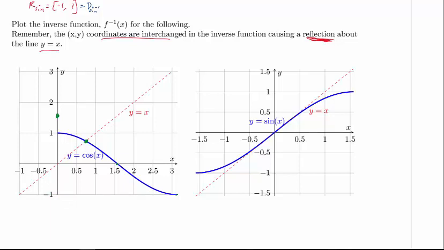So we get -1 and positive pi, so the next point is going to be up here. -1 and pi.